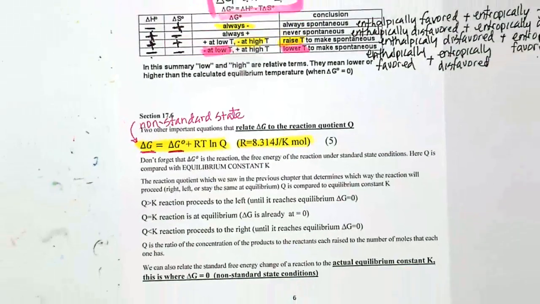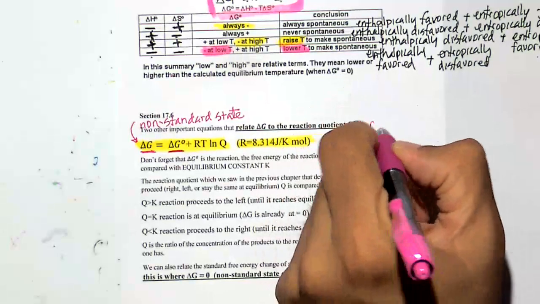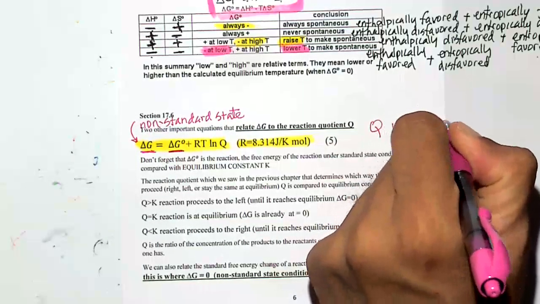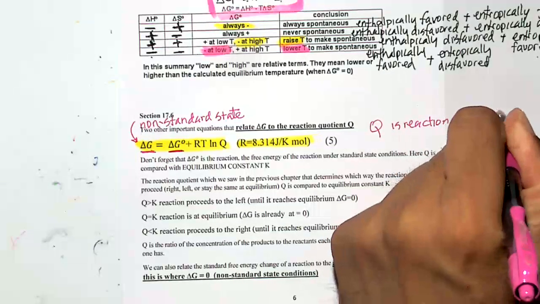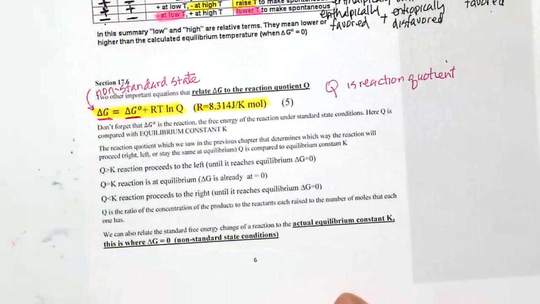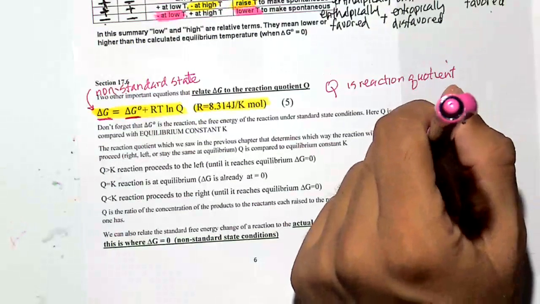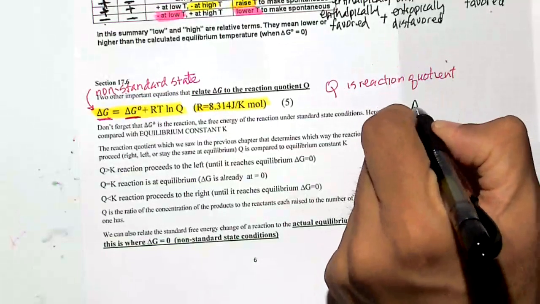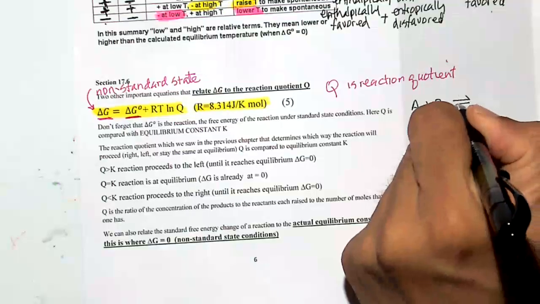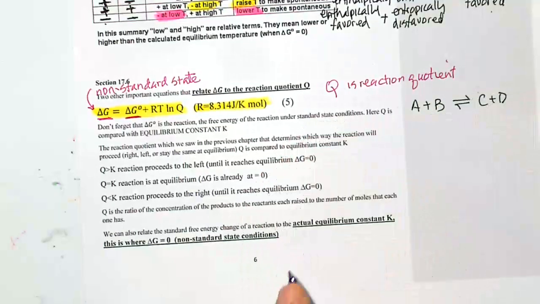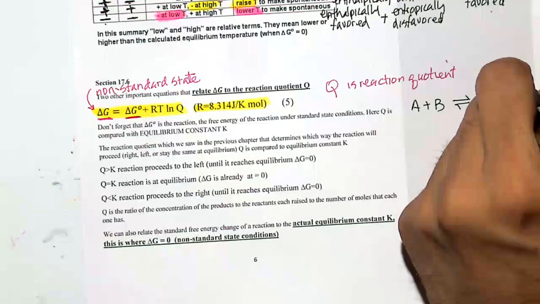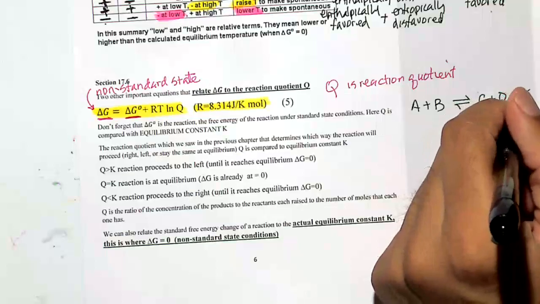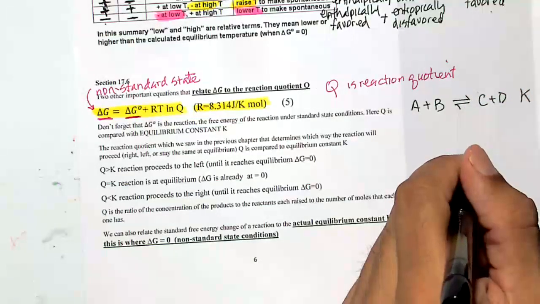Do we remember what Q is? Q is called the reaction quotient, and we use Q to compare to K. If you have an equilibrium reaction, this equilibrium reaction has an equilibrium constant K. That's products over reactants, but we will not put solids or liquids in that products over reactants.